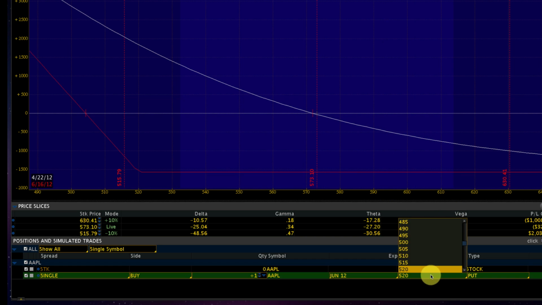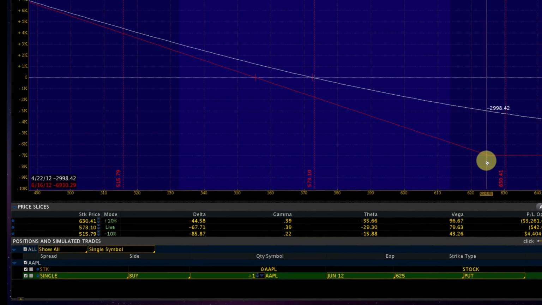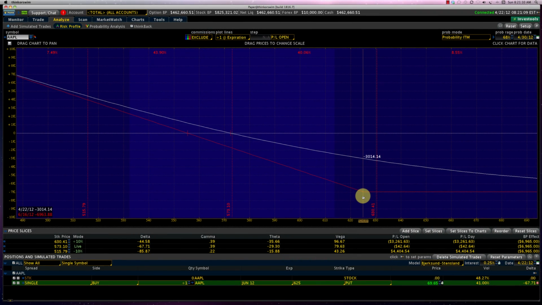Now let's look at the in the money put option, and in our case the in the money put option that we're going to look at is the 625. So immediately you'll see that the red line changes direction at 625. That's our strike price. In this case we are paying a lot more for this option because this option has intrinsic value.